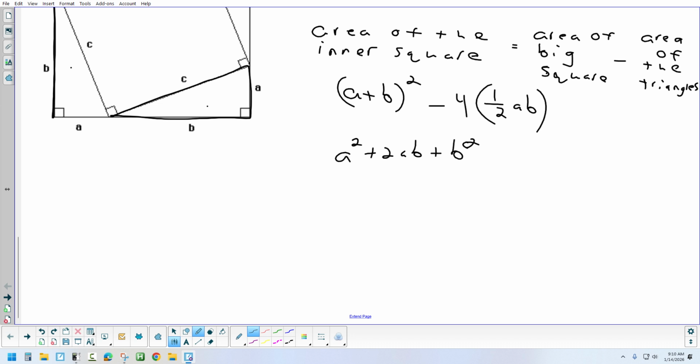Yeah, minus 2ab. Okay, what does the line that I have now simplify to? Yeah, a squared plus b squared.